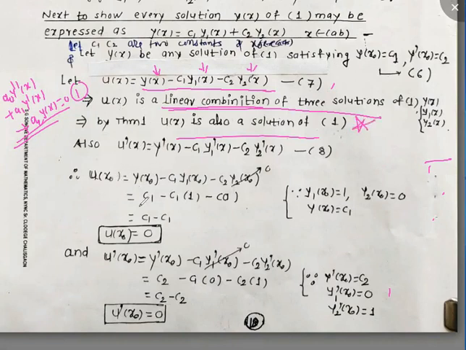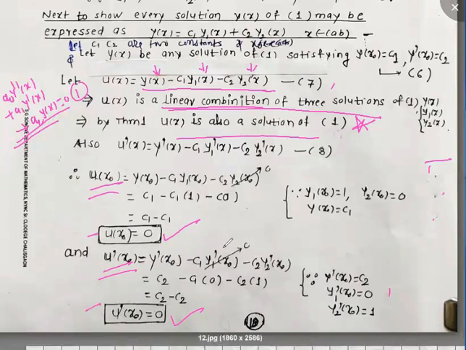And then we have shown that it is a solution such that u of x0 equal to 0 and u dash x0 equal to 0. That is, in u(x), if you put x equal to x0, we get 0, and in u dash x, if you put x equal to x0, we get 0. So it is a solution of differential equation 1 for which u of x0 equal to 0 and u dash x0 equal to 0.